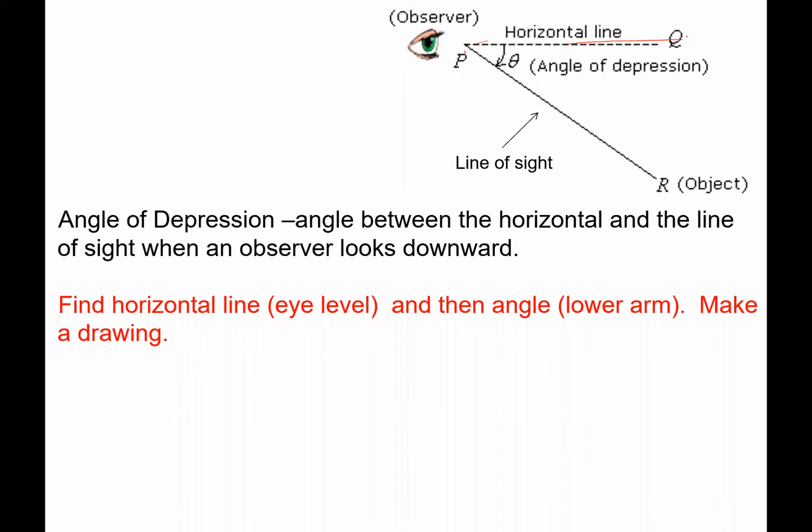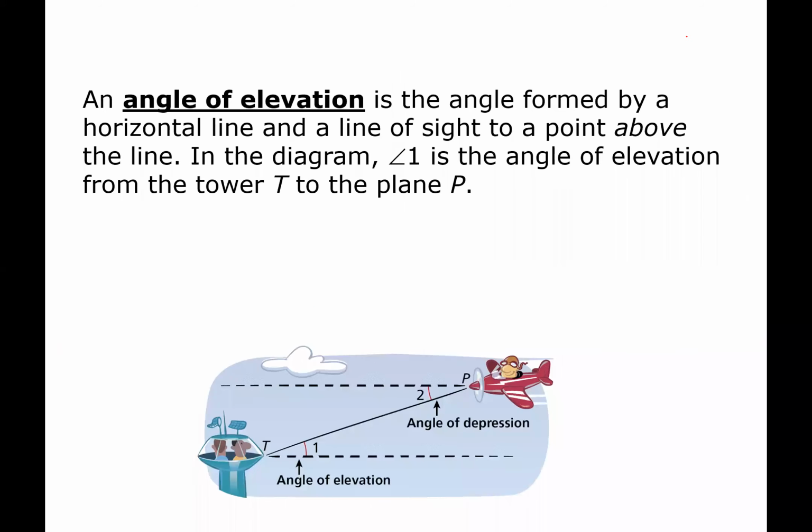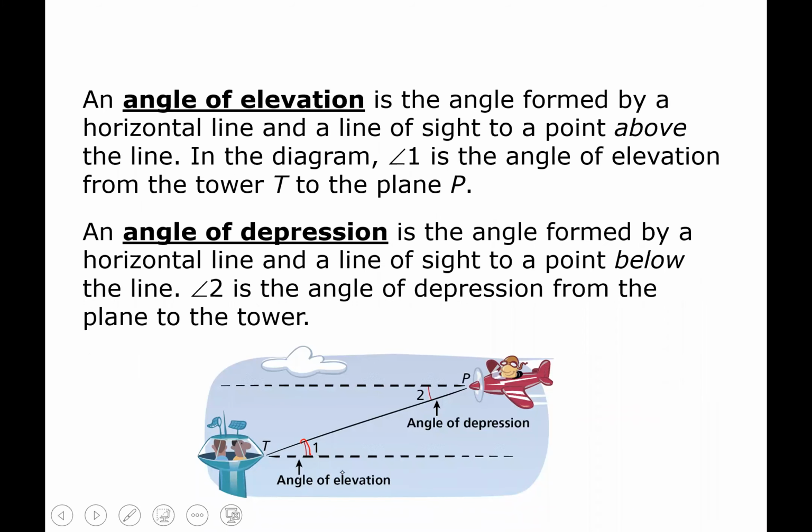As an example, the angle of elevation is the angle formed by the horizontal and a line of sight to a point above. And for depression, it is to a point below.